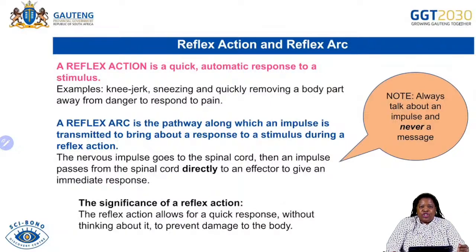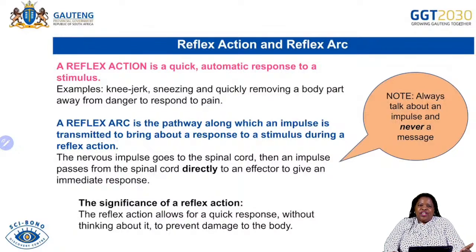And reflex action occurs automatically. According to the exam guideline, you also need to know your definitions, right? So the reflex action is a quick, automatic response to stimulus. Right? Now examples, we've got a knee jerk.